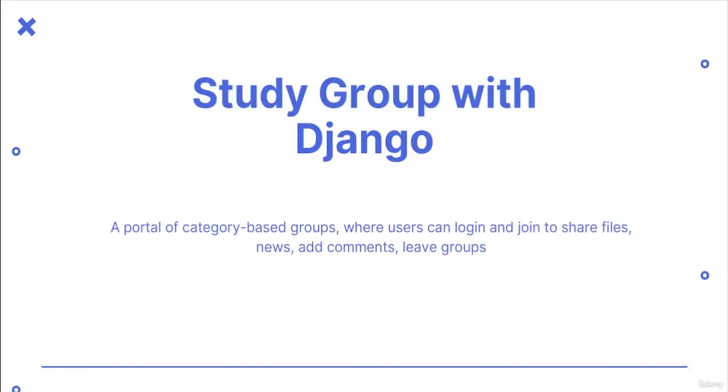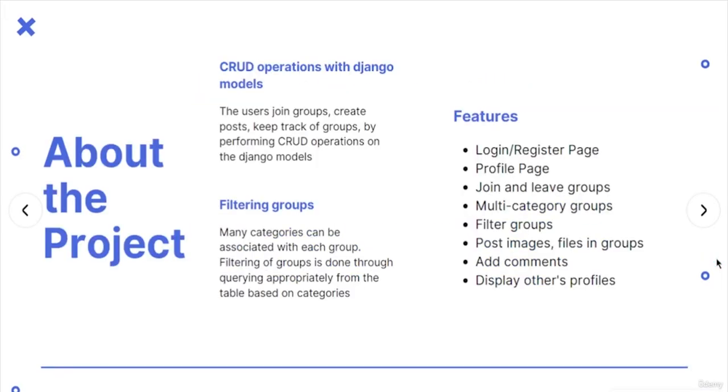I'm going to give you some extra information about the project. As you can see, users can join groups, create posts, and keep track of the groups they are already enrolled in. These are all performed by basic CRUD operations on the database: creating, reading, updating, and deleting.